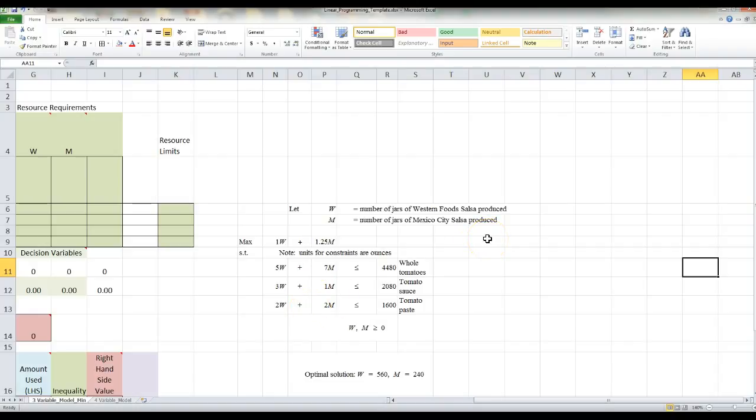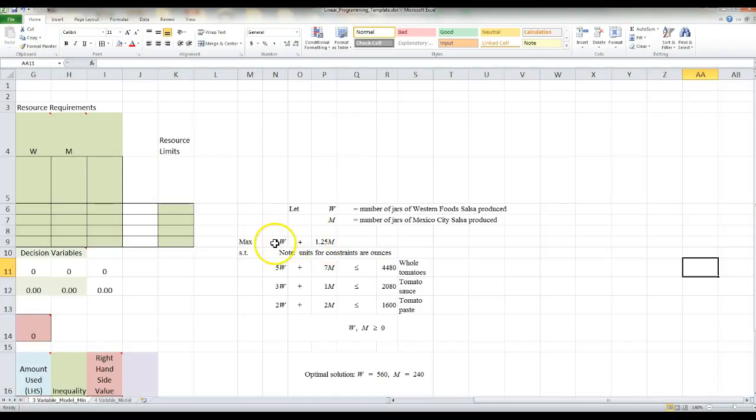So, with that information, we can create our objective function, which is $1 times the number of jars of Western Food Salsa plus $1.25 per jar times the number of jars of Mexico City Salsa.